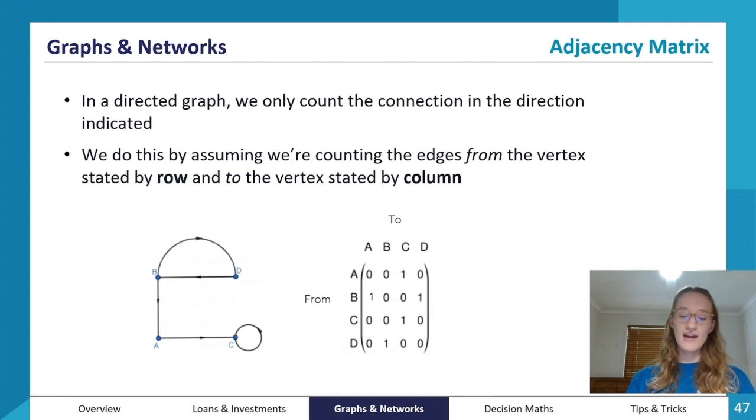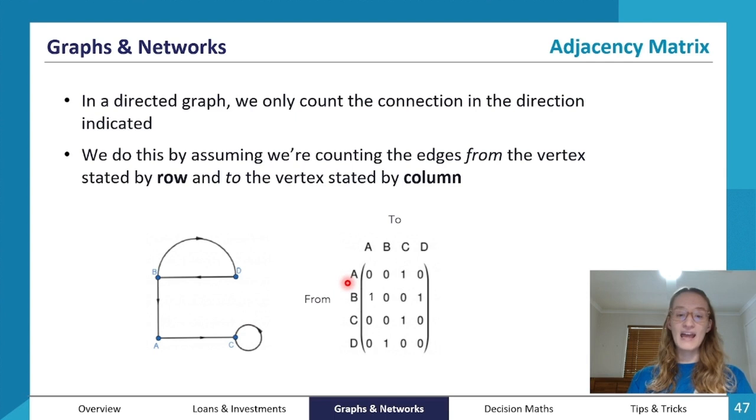To illustrate that, I've added our little labels here. You can see here that A and C are connected, but it's a connection from A to C, not the other way around. So from is always indicated by the rows and to is indicated by the columns.